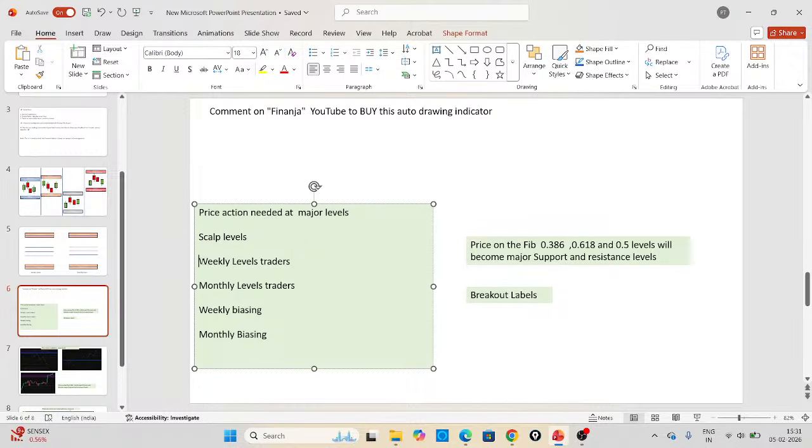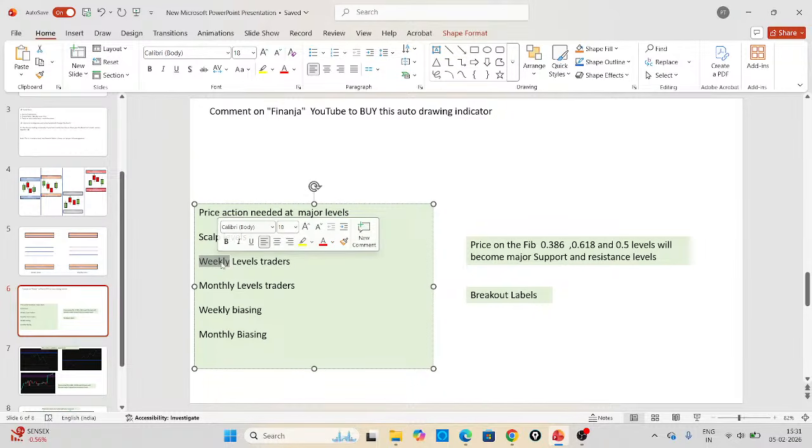There are different types of traders in the market, as you are already aware. Some are scalpers. Some of them trade on a daily basis, daily levels. Some of them trade weekly and monthly levels also. So for all of these traders, according to their requirement, I built this indicator for their convenience.